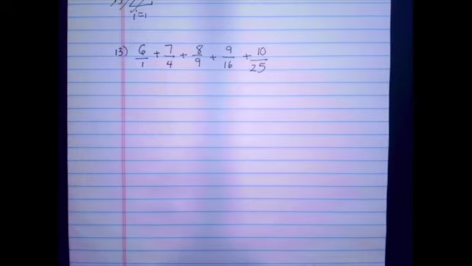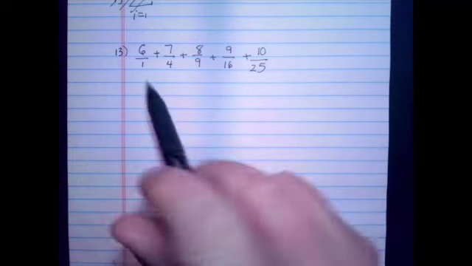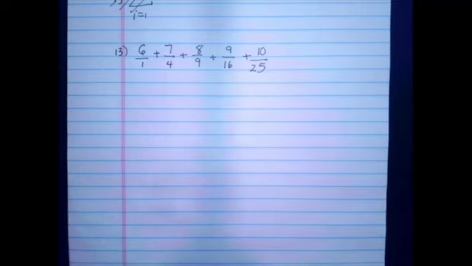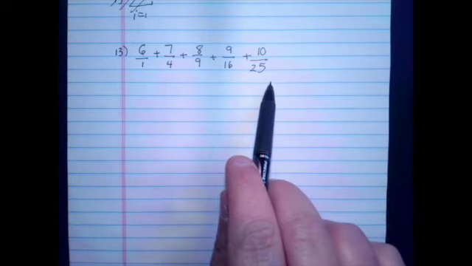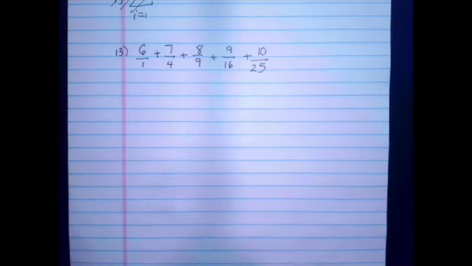Number 13. We are given this sum and are asked to write it in sigma notation. So what you want to do is determine a pattern in these 5 terms. Well, I am immediately drawn to the denominators. Those denominators all have a particular property.